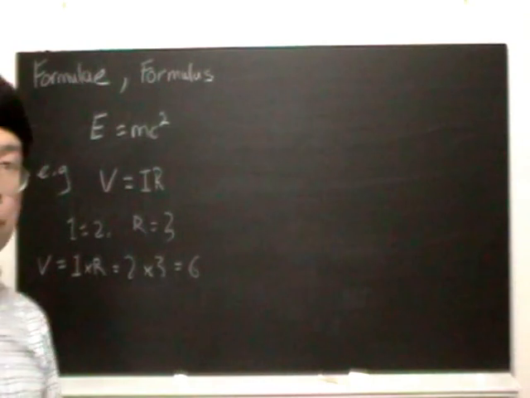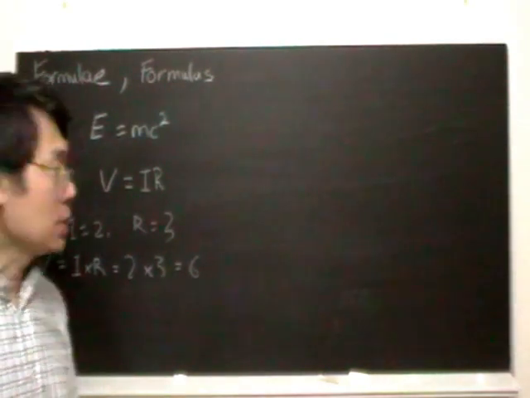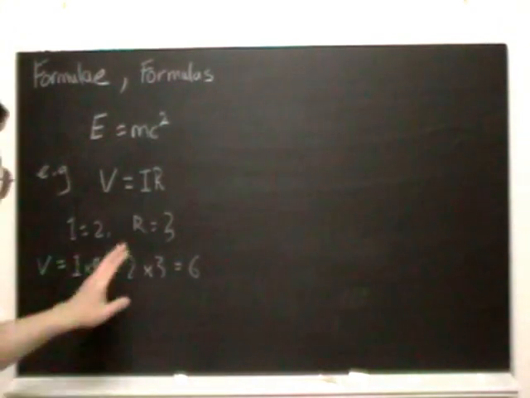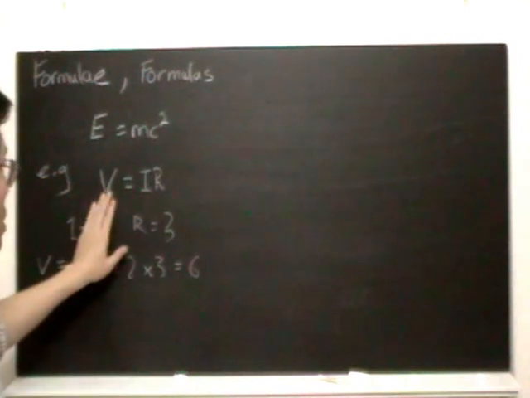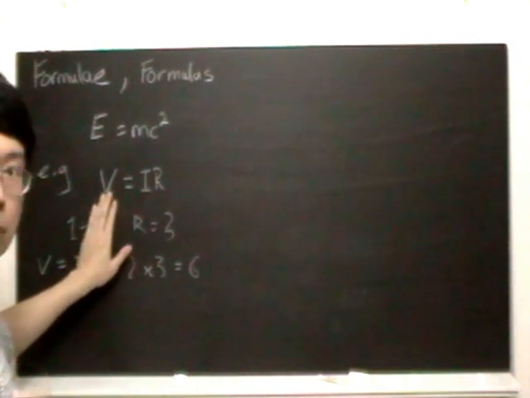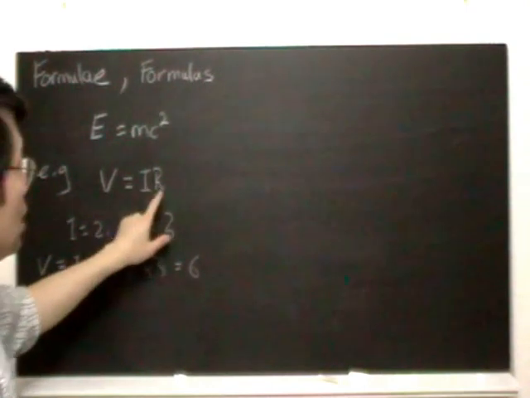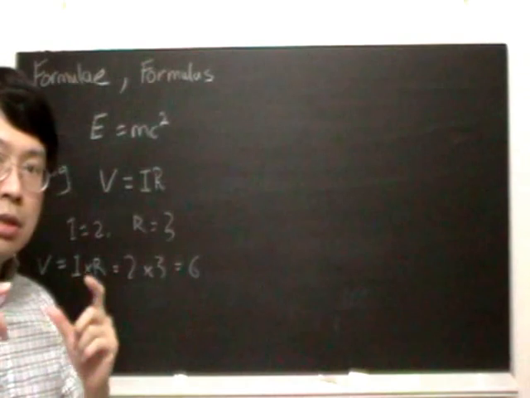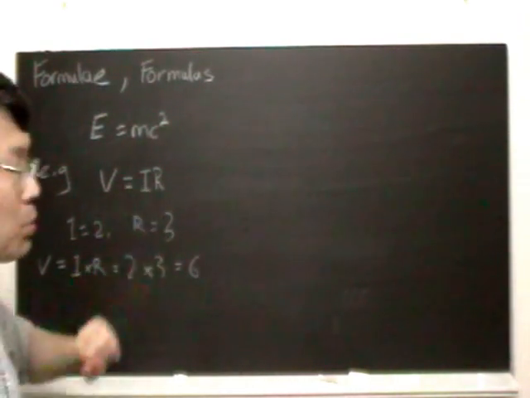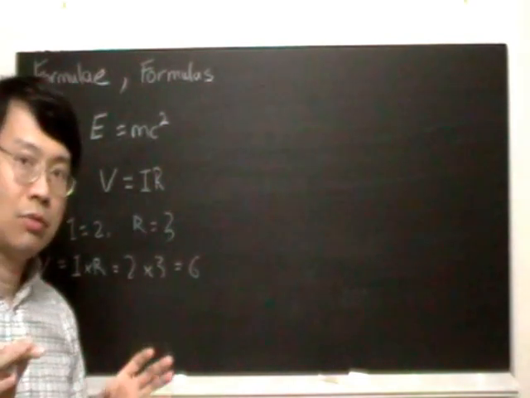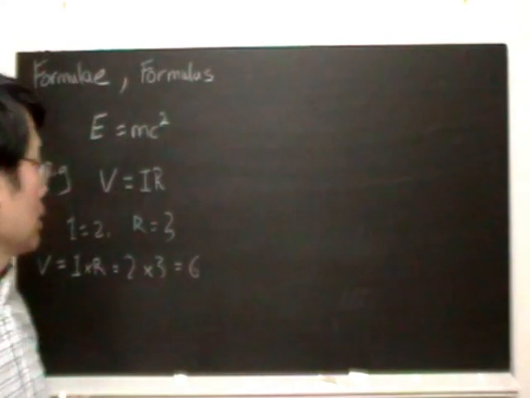And formulas are very useful things. They usually help us to solve problems in the real world. For example, this particular formula, V really means voltage, I is the current in a circuit, and R is the resistance of an electrical circuit, and this formula actually helps us to find the voltage in an electrical circuit.